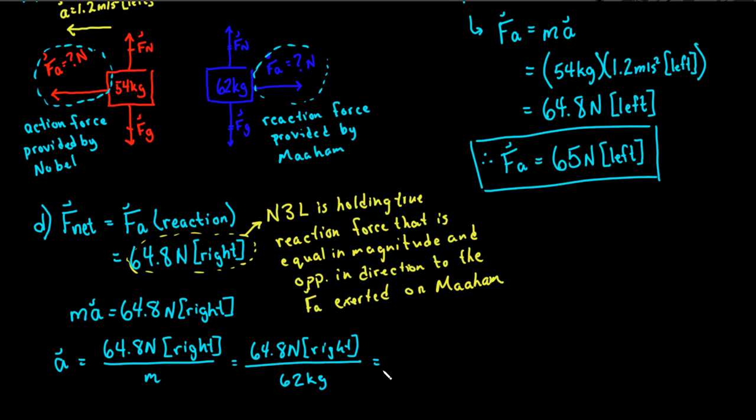Okay, and that comes out to 1.045 meters per second squared. And remember that direction carries forward. The direction of that acceleration is going to be in the same direction of the net force acting on that object. So when we go to our significant figures, Nobel's acceleration is going to be 1.0 meters per second squared in the right direction.